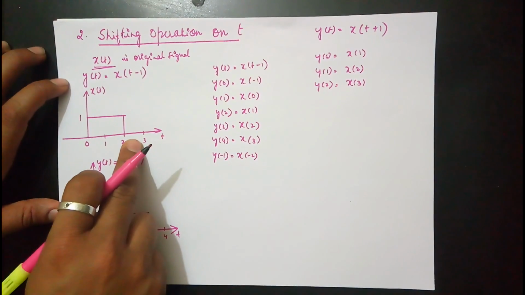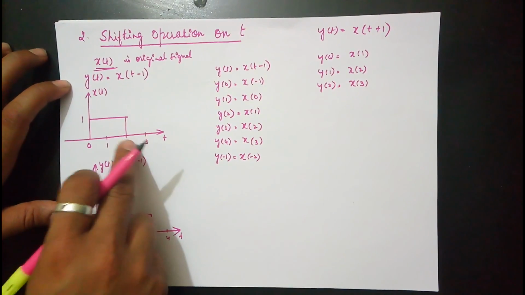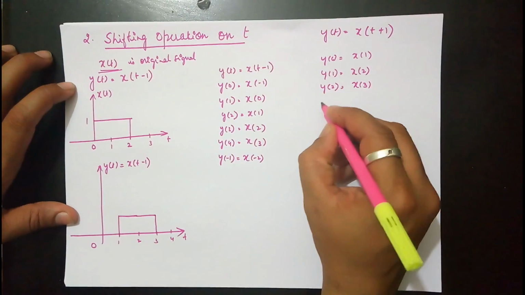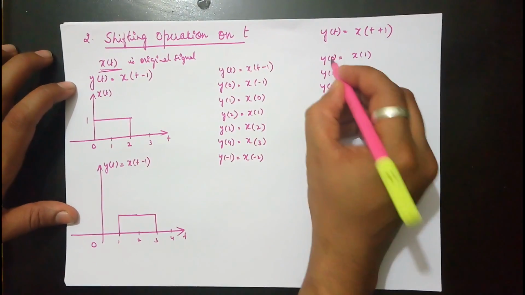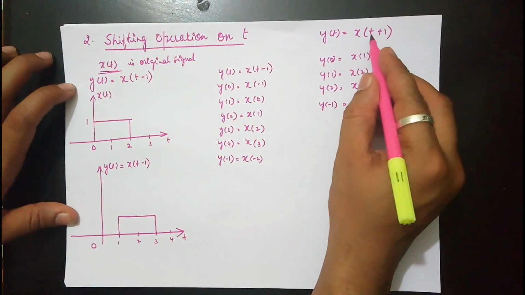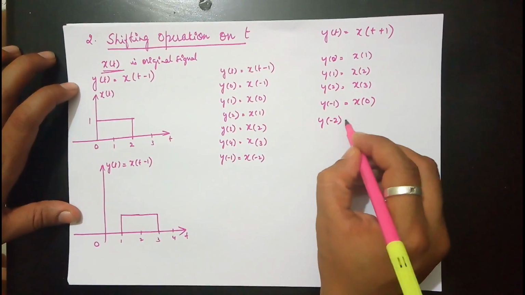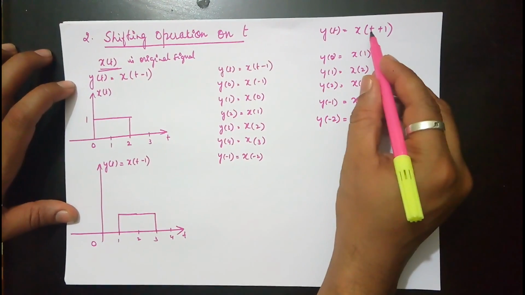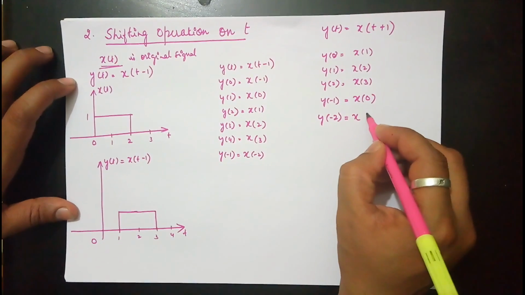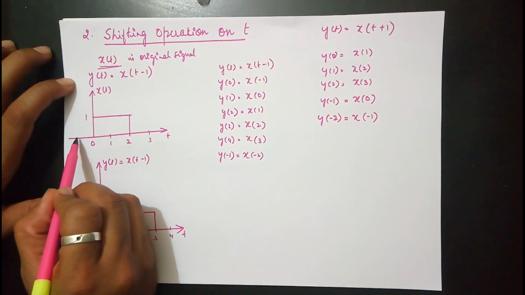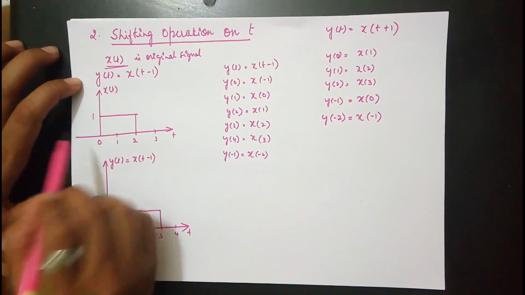Look into the x of t waveform, x of 3, I don't have any waveform here. So I'll better stop the iteration here. Now y of minus 1 is x of minus 1 plus 1, so x of 0. Y of minus 2 is x of minus 2 plus 1, that is x of minus 1. So do I have a waveform at x of minus 1? No. So I'll stop it here.